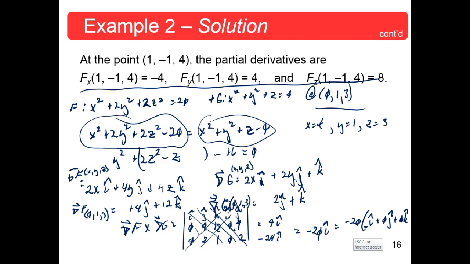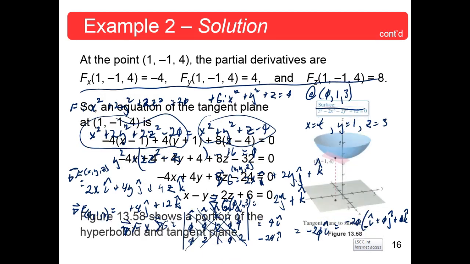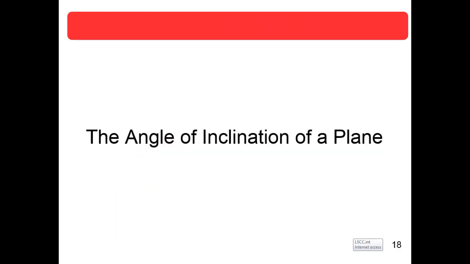Well, let's take a quick, if possible, 5-minute break, and we'll pick up when we come back. Everybody got this? It's sort of messy. We'll pick up when we come back with example 5, the angle of inclination of a plane. So let's pause this for a moment.